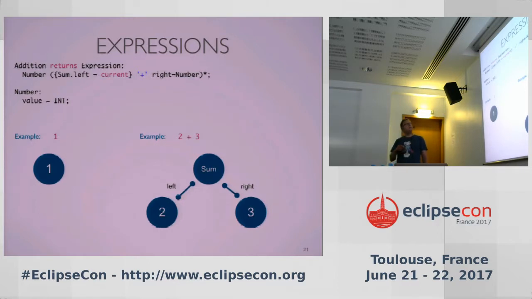And then the current object, which is the number, will be taken and assigned to the left feature of the sum. And the right part is not optional anymore. So we have a sum object with a left and a right side. And this is the reason why we use these assigned actions here. So that's the right way to go.